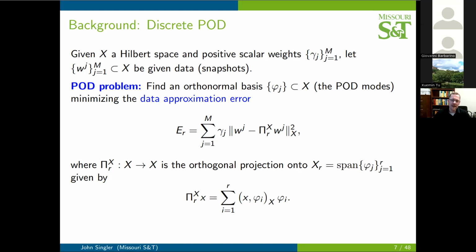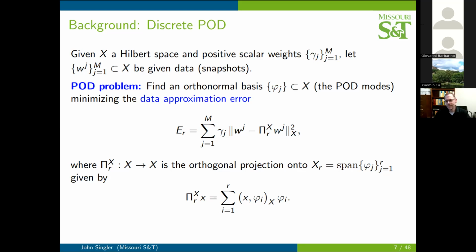All right. And this is the standard orthogonal projection onto the span of the first R basis functions, and it's written there. The inner product there, if you think of square integrable functions, is just the integral of these two functions multiplied together, or dot product or whatever.